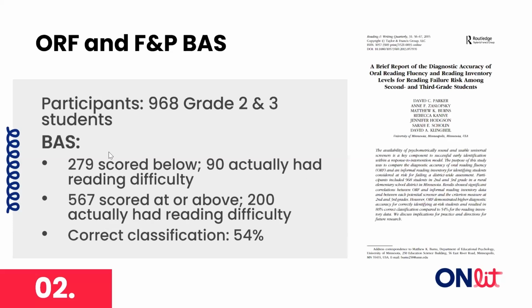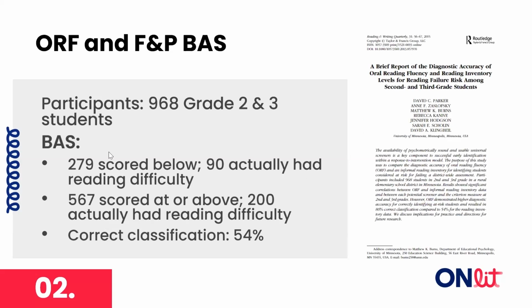Parker and colleagues did a study in 2015 to compare the diagnostic accuracy of benchmark assessments, specifically the Fountas and Pinnell, and the oral reading fluency measure, or ORF, which is a universal screener. In this study, they considered the diagnostic accuracy of ORF and reading inventory levels, or benchmark levels, for risk of reading difficulties.